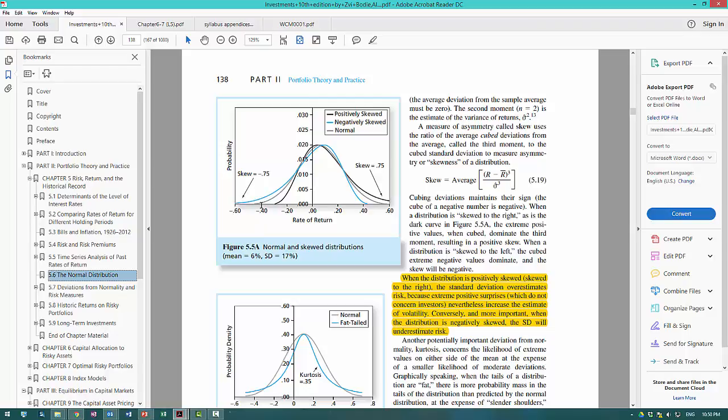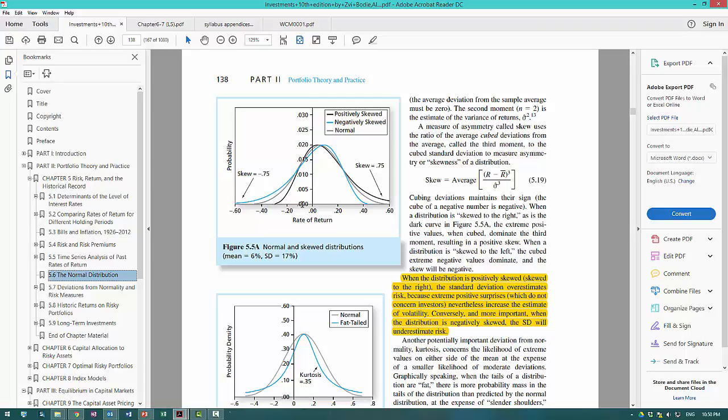By making assumptions based on the normal distribution, when this is actually skewed negatively, it's actually a lot riskier than you think. So you have underestimated how bad things can get, in other words.